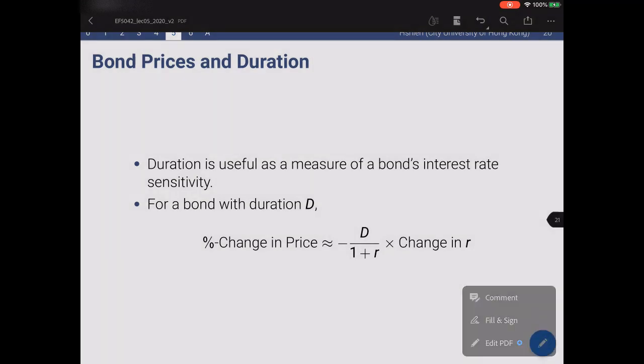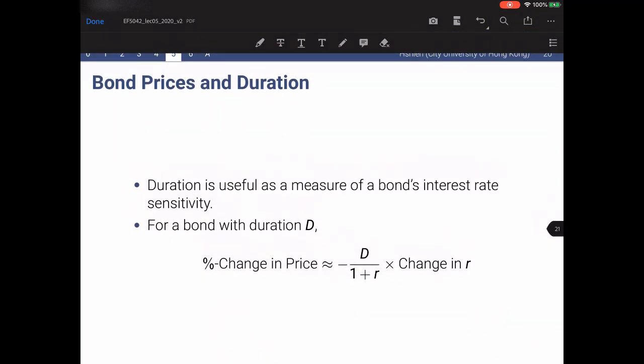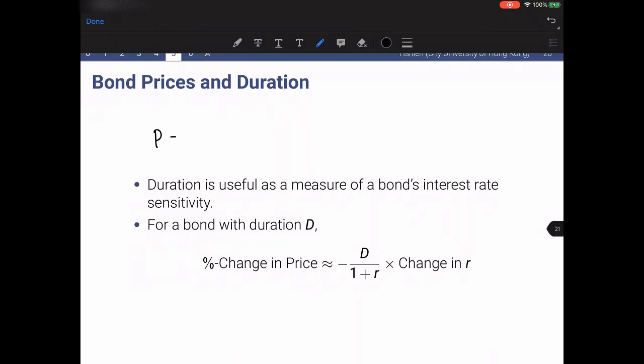So let's start out with the bond price formula, which is simply the NPV formula, right? The bond price, let's call it P, is equal to each period's cash flow payment. Let's suppose this cash flow payment is annual to make things easier.